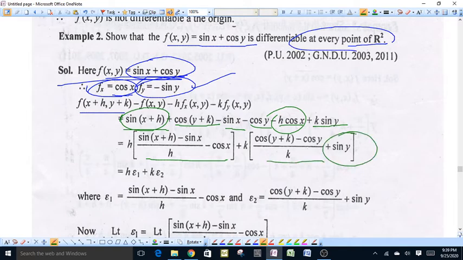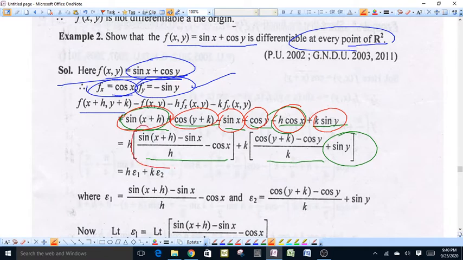Similarly, we take k common from cos(y+k) minus cos y plus k sin y.